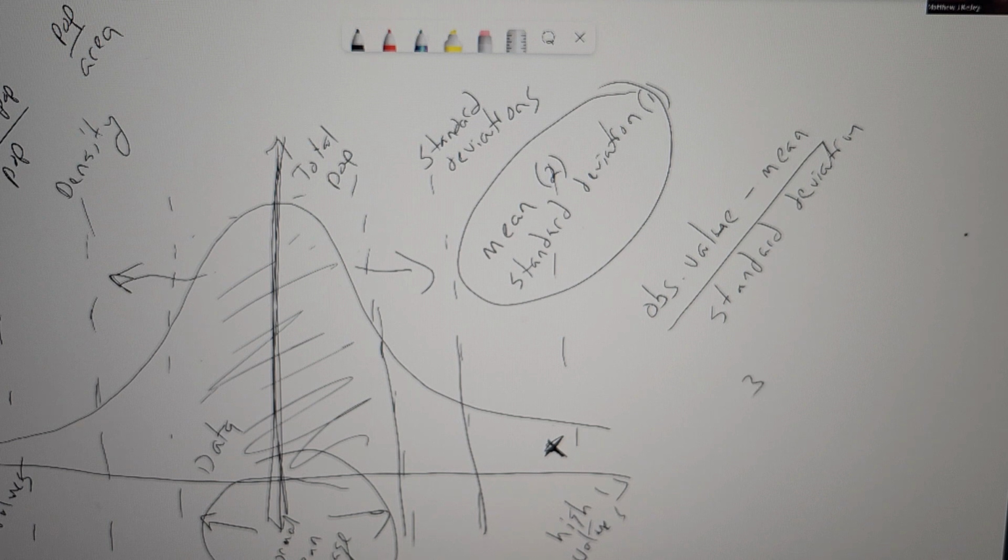Our observed value, Jesse, is a 3. So Jesse minus the average equals 1, divided by 1 equals 1. Jesse is 1 standard deviation above average. Not quite significantly above average, but almost, Jesse.